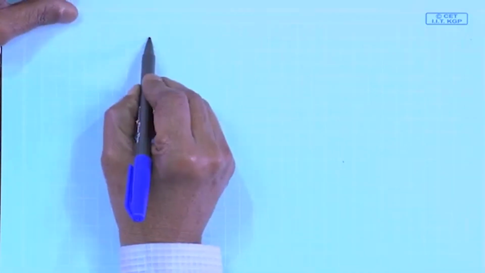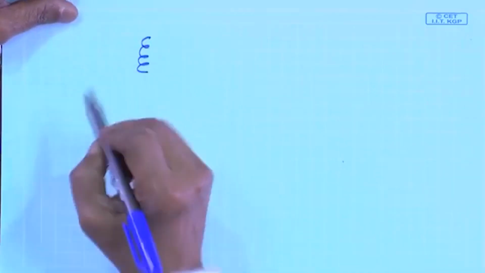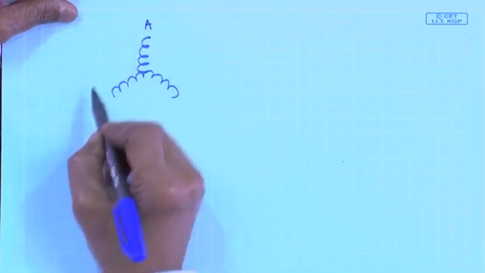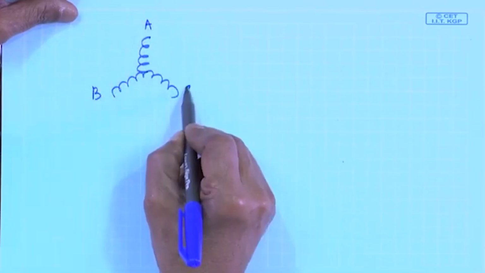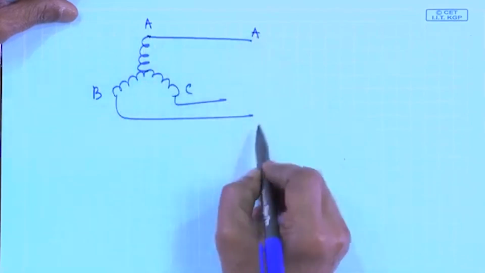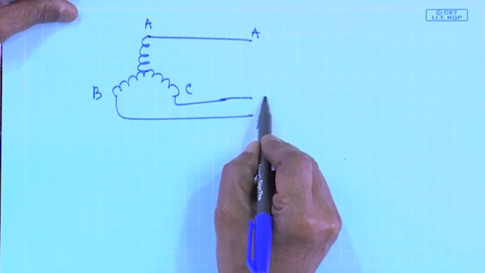Now, let us come to this problem. Suppose I have a synchronous machine. This is A, this is B, this is C terminals. I will assume ABC phase sequence.